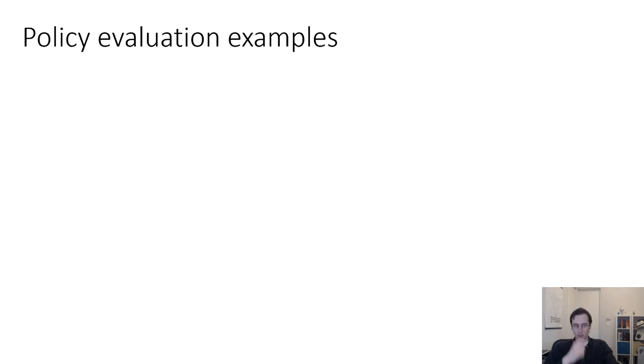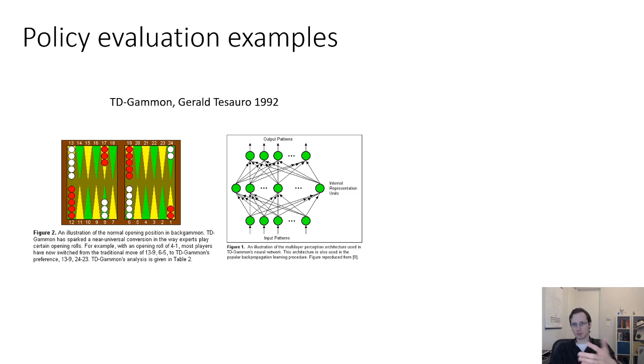All right. Now, the value functions that we get from policy evaluation actually have some fairly intuitive interpretations sometimes. For example, this is from an old paper called TD-Gammon back in 1992. Here, the goal was to learn value functions for playing the game of backgammon, and the reward was 1 if you win the game and 0 otherwise.